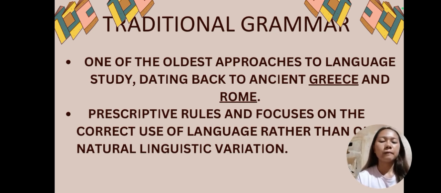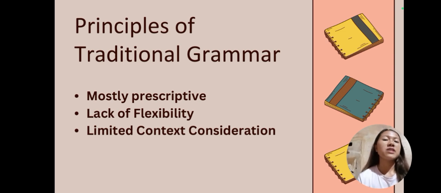As for its limitations, as I said earlier, there is a lack of flexibility because it focuses on the "should" rather than the variation of a language, and limited consideration of context, because it has a standard to be followed.